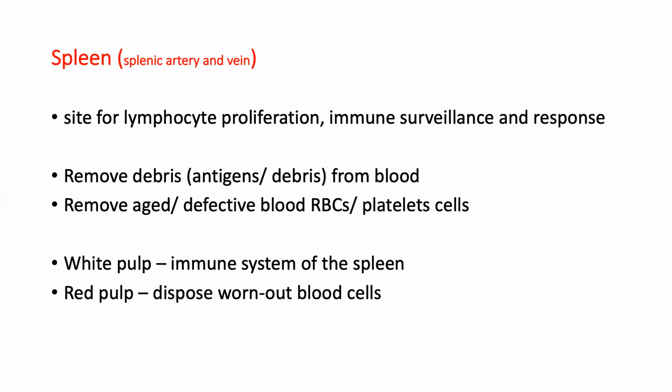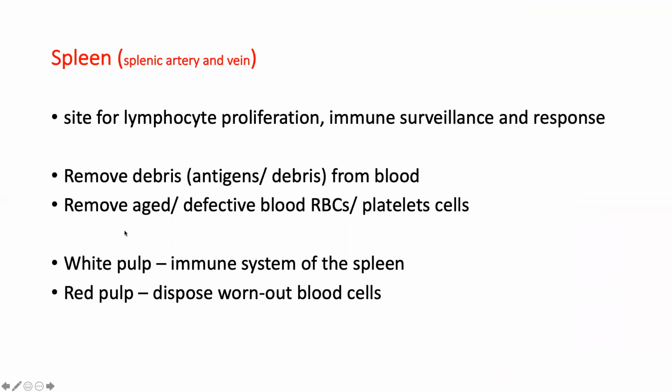Spleen is supplied by the splenic artery and drained by the splenic vein. It is a site of lymphocyte proliferation, and it is the organ for immune surveillance and response.